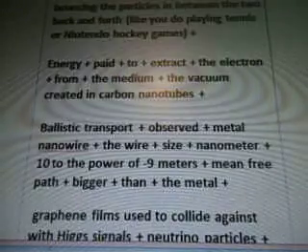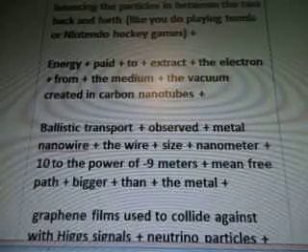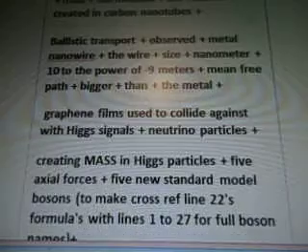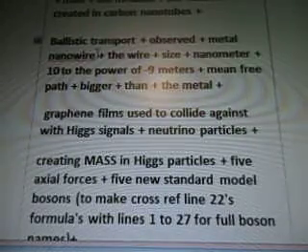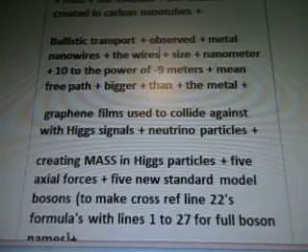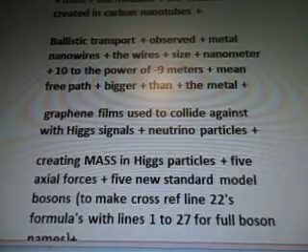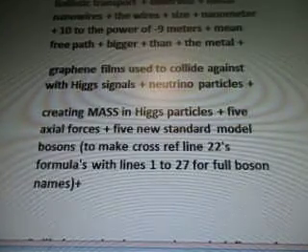Energy paid to extract the electron from the medium, the vacuum created in carbon nanotubes. Ballistic transport, observed metal nanowires. The wire's size, nanometer, is plus 10 to the power of minus 9 meters. The mean free path, bigger than the metal. Graphene films used to collide against with Higgs signals.